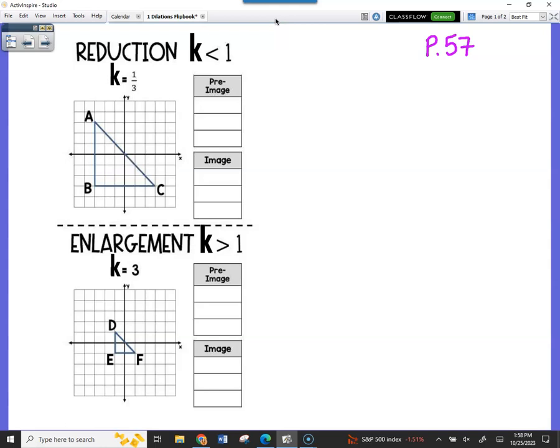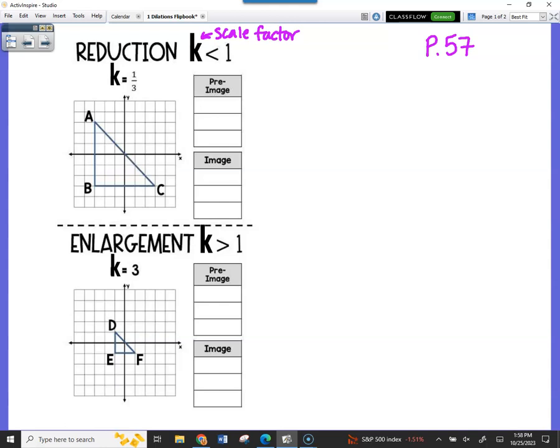K stands for scale factor. If the scale factor is less than 1, that means it's getting smaller, it's shrinking, it's a reduction. If the scale factor is greater than 1, it's getting bigger.